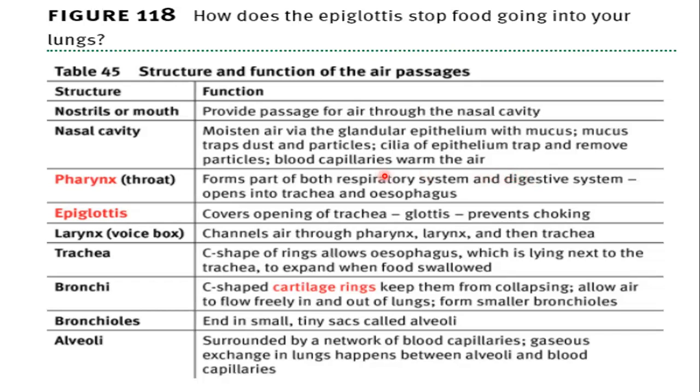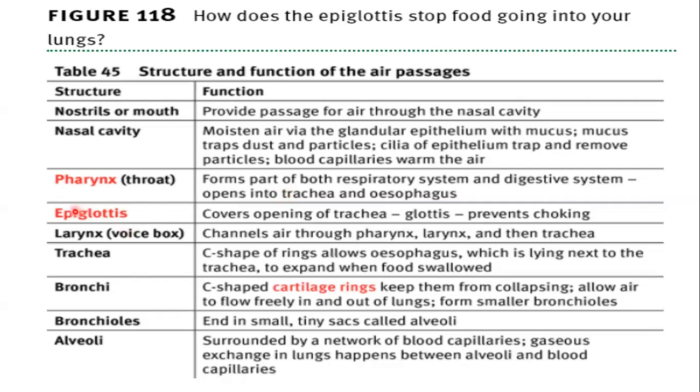In the respiratory system, it opens up to the trachea, but in the digestive system, it opens up to the esophagus. In the digestive system, food will flow from the pharynx to the esophagus, but in the respiratory system, air will flow from the pharynx to the trachea.